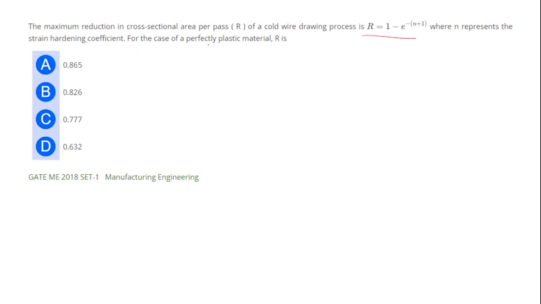So for the case of a perfectly plastic material, what will be the n for a perfectly plastic material? 0, yeah, 0. See, n tells you the slope of that curve within the plastic region. So when your material is perfectly plastic, what does that mean?